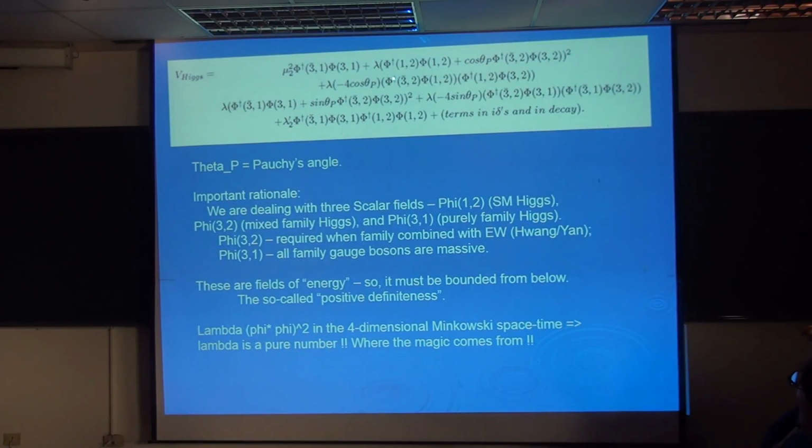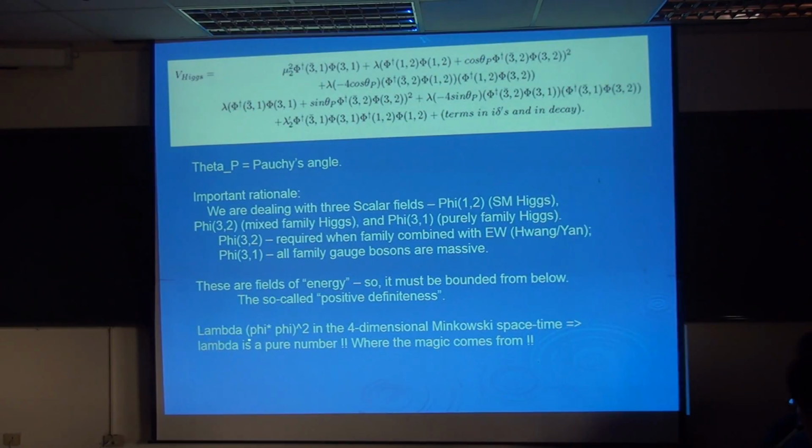Remember, so I have nothing else in a mass term except this one. The lambda has to be some pure number. So, in the four-dimensional Minkowski spacetime, this is indeed a very unique feature.